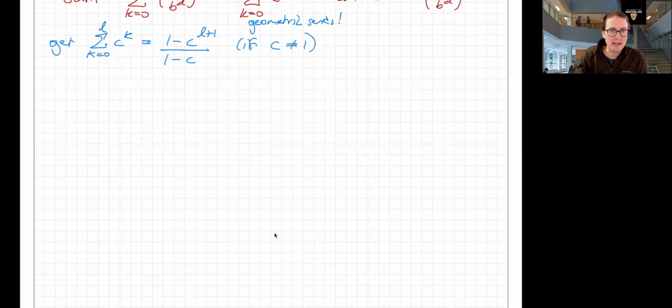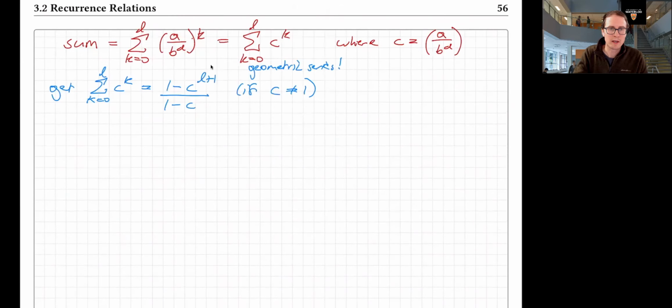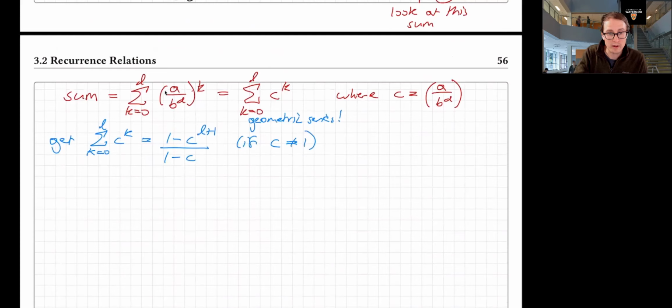Now, there are 3 cases for us to consider for this sum. The geometric series formula is really useful for the case where c is less than 1. In the case when c is greater than 1, this is just a polynomial, and it's dominated by its highest order term. So we're going to get 3 cases. Let me go through them.